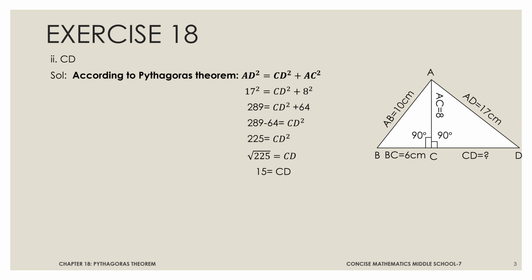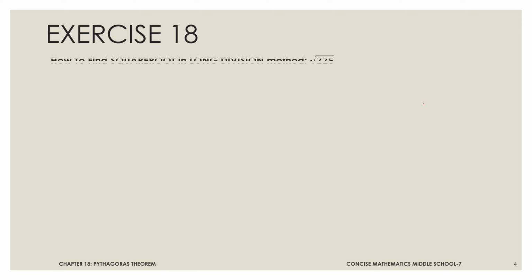Now let's learn how to find the square root of 225 in the long division method. Just put two lines and place 225 in between them, and now check with the first number, that is 2, right?